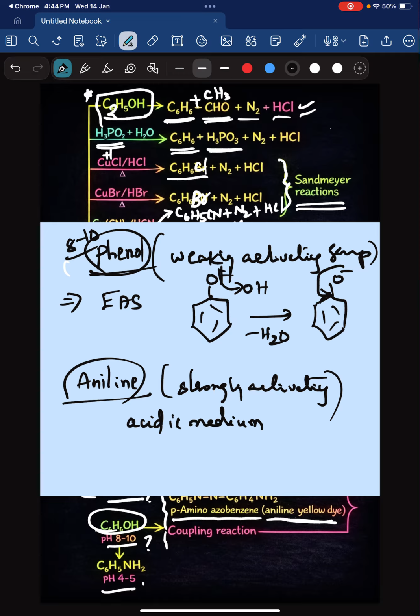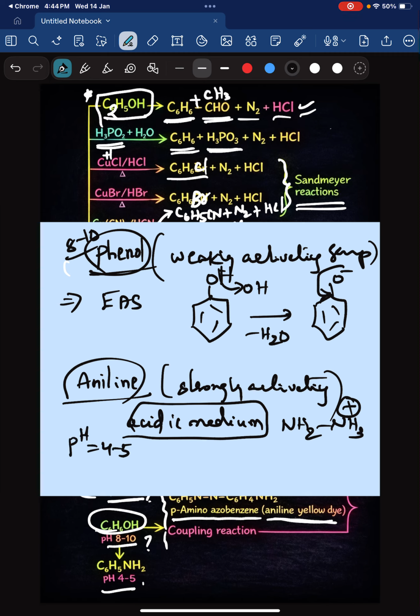In strong acidic medium NH2 becomes NH3 plus. Then NH3 plus is a strongly deactivating group. So we will not use strong acidic medium, but we will use mild acidic medium, like pH value 4 to 5. So for what reason are we keeping the pH value 4 to 5?